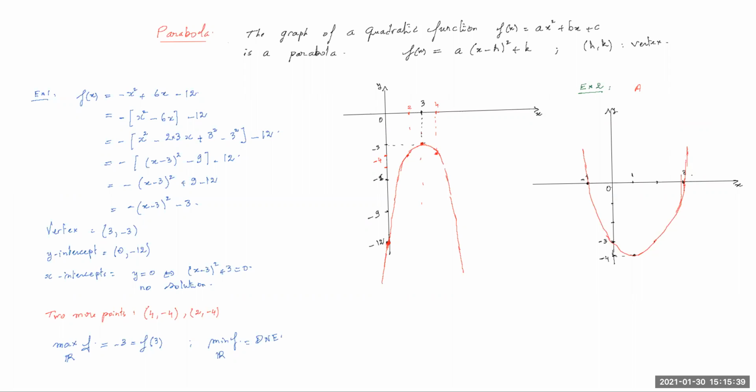Okay, the graph of a parabola is given. So we are asked to identify what is the vertex. Here I see, because I have this shape of parabola, I know where I can read the vertex.